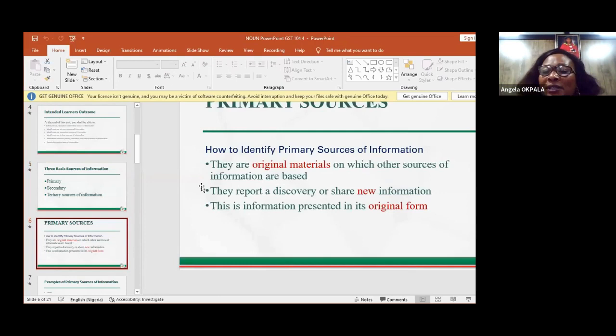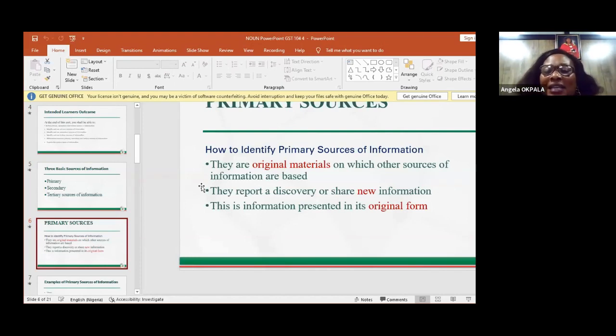Now, you know your questions may come in different forms. Now, what are the primary sources? I want you to pay attention because I can just list a particular material and begin to ask you, is it a primary information you will get from this type of material or secondary types of information?